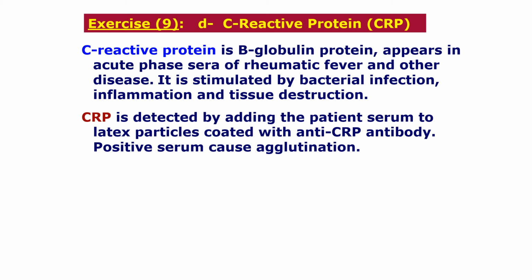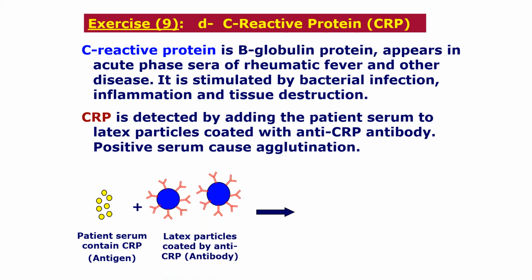So how can we detect the CRP? CRP is a protein produced in our body, so we will find it in our serum if we have any case from above. So our latex particles must be coated with antibodies.